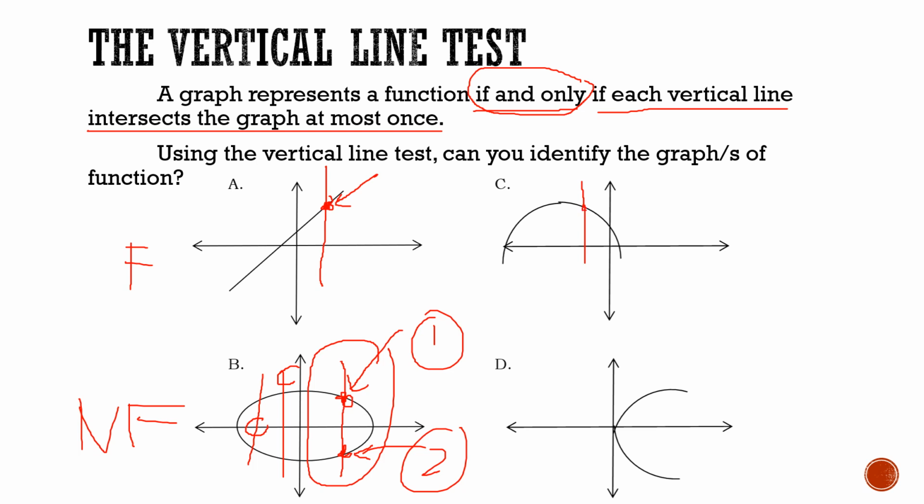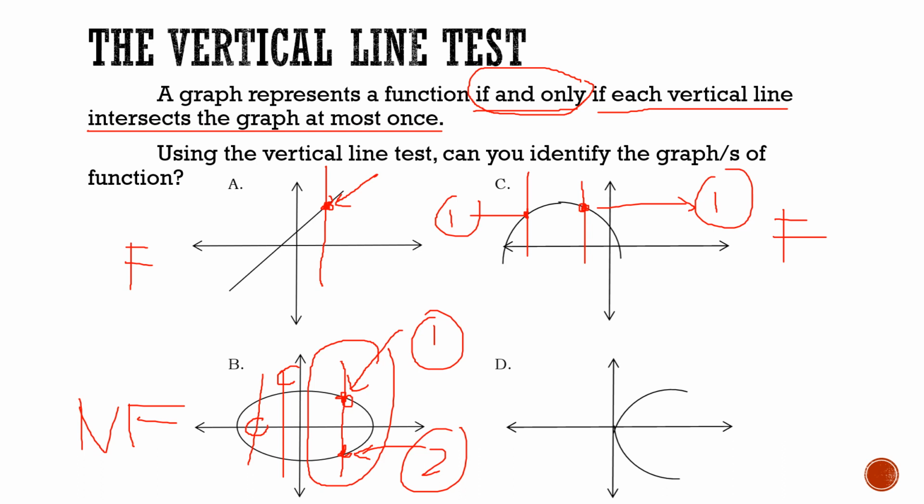As we can see, there is only one point of intersection. The same thing if we apply here, there is only one point of intersection. So this graph is a function.